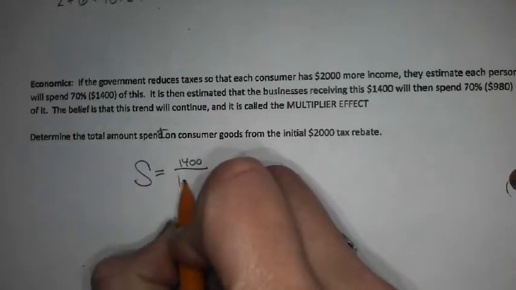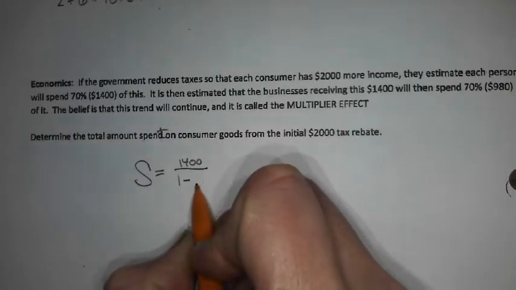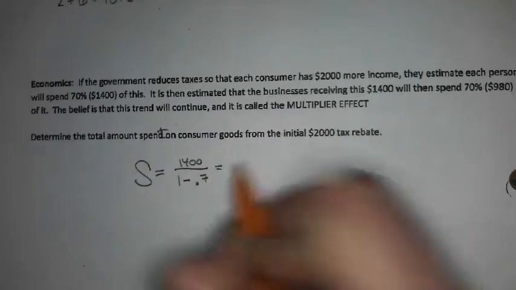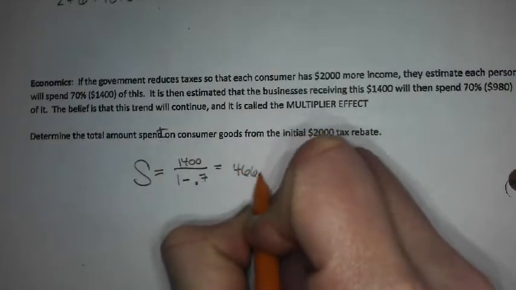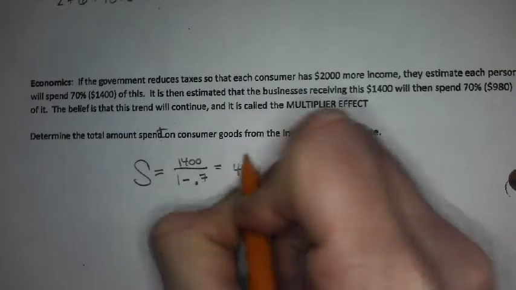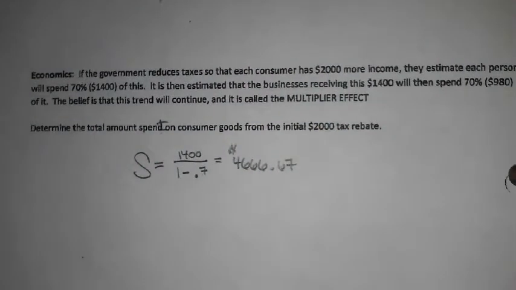And then 1 minus, what's our rate? 0.7. Very good. So from that $2,000 rebate that they gave me, 1,400 divided by 0.3 is $4,666.67. That's how much money got flushed through the economy.